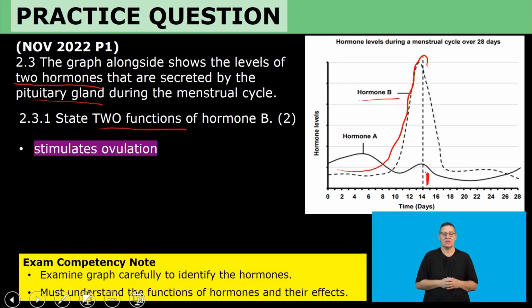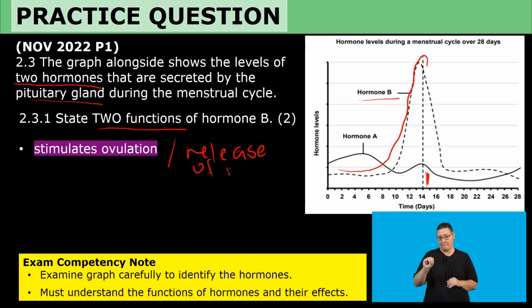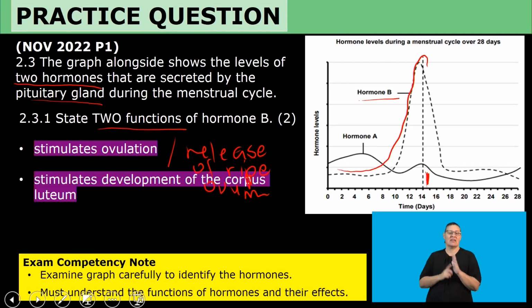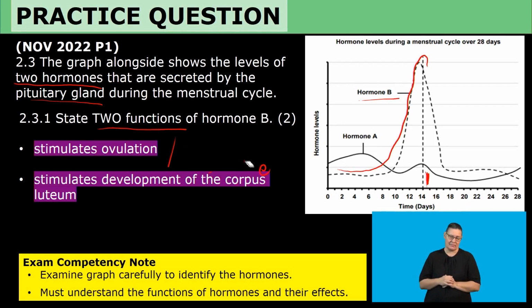So, hormone B stimulates ovulation, the release of the ripe ovum, and another function is it stimulates the development of corpus luteum. So these are the two functions of hormone B.